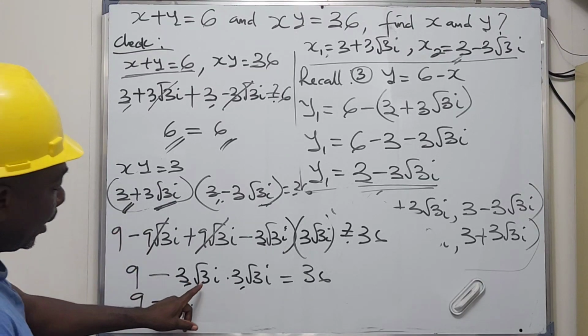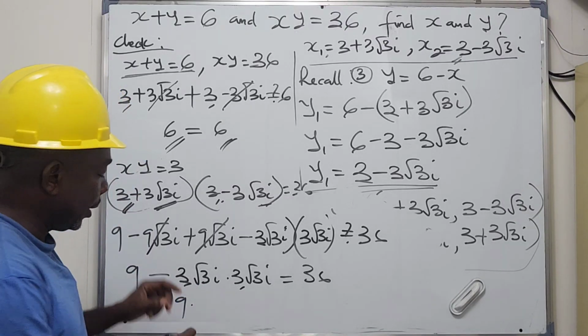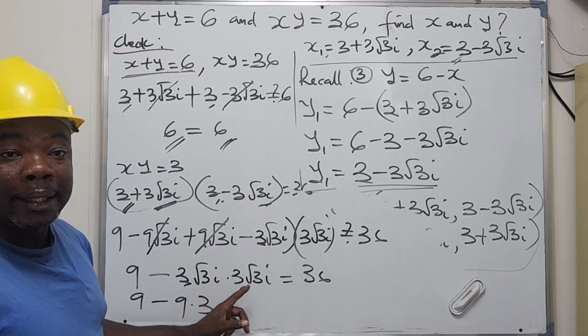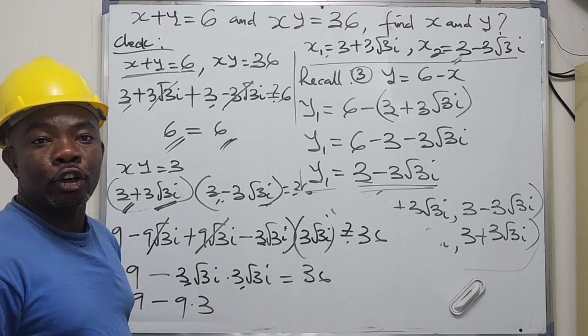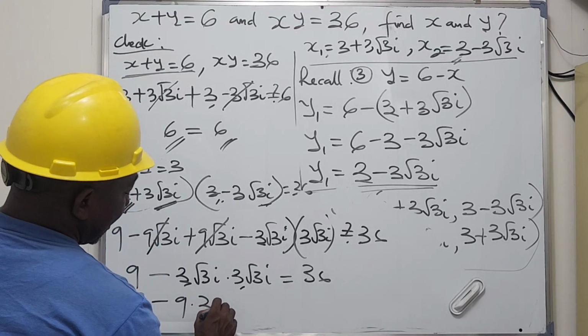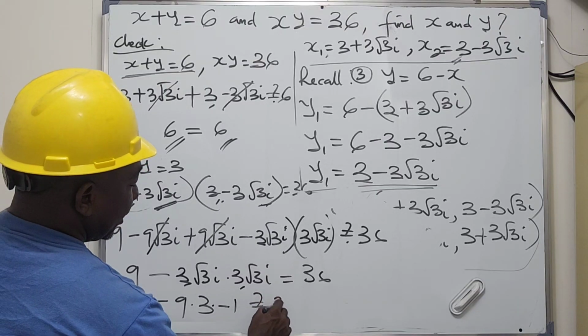We have root 3 times root 3 will become 3. So we have here i times i. i times i is the same thing as minus 1. So here, this is the same thing as times minus 1.